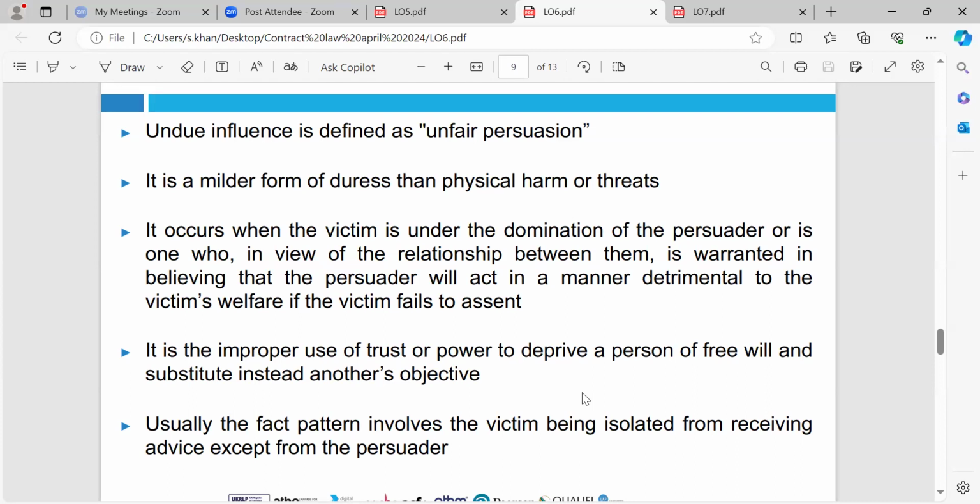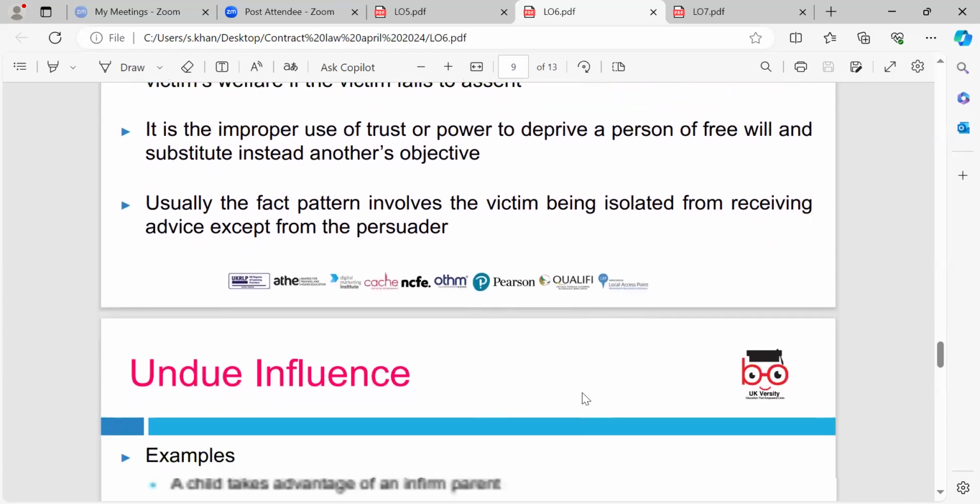It is the improper use of trust or power to deprive a person of free will and substitute instead another's objective. Usually the fact pattern involves the victim being isolated from receiving advice except from the persuader.